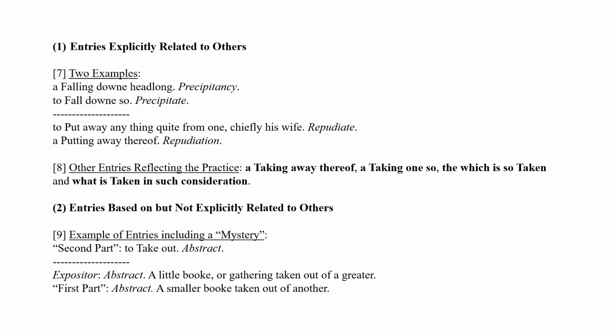In the first set of entries, Cockeram began with the root word precipitancy and then transformed the head phrase of the gerundive phrase with the indefinite article into that of the infinitive with to, using the adverb so to relate the second entry to the first.